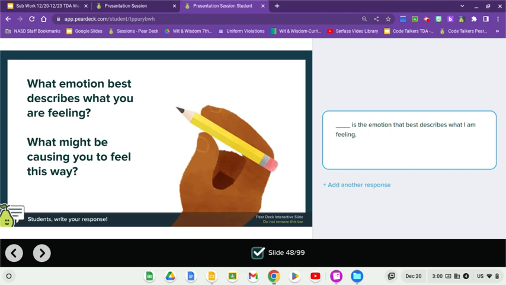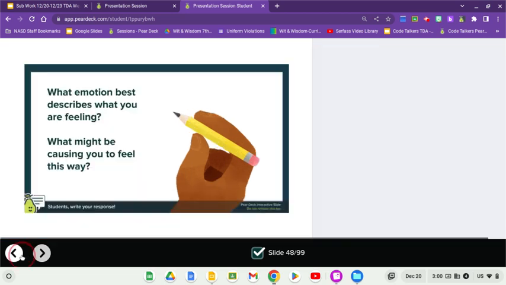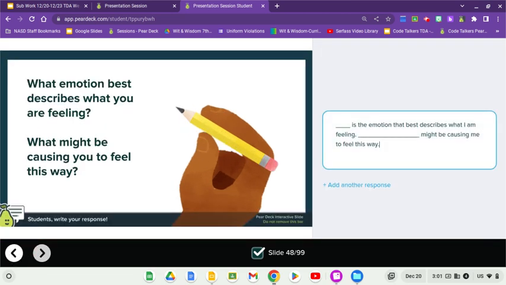And then what might be causing you to feel this way? I would put a long blank might be causing me to feel this way. Obviously, you can use those same sentence starters if you don't have your computer today. You can just use them right there for 1 and 2. But please take the time to take care of slide 48 now.